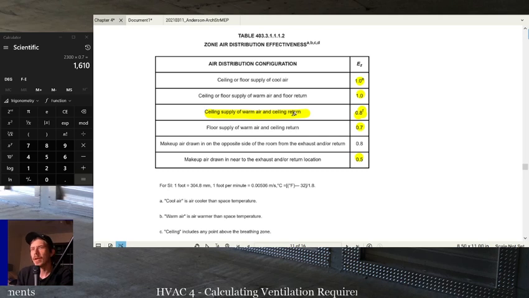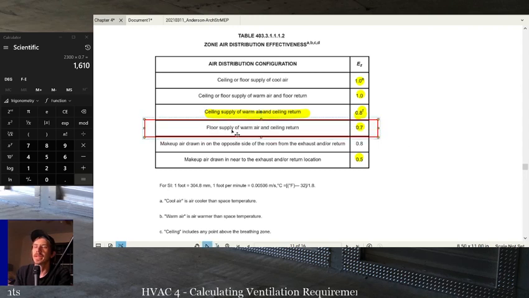So say for that art classroom, we had a floor supply of warm air and a ceiling return. So if for that art classroom it had a floor supply of warm air and ceiling returns, we would have a 0.7 effectiveness.